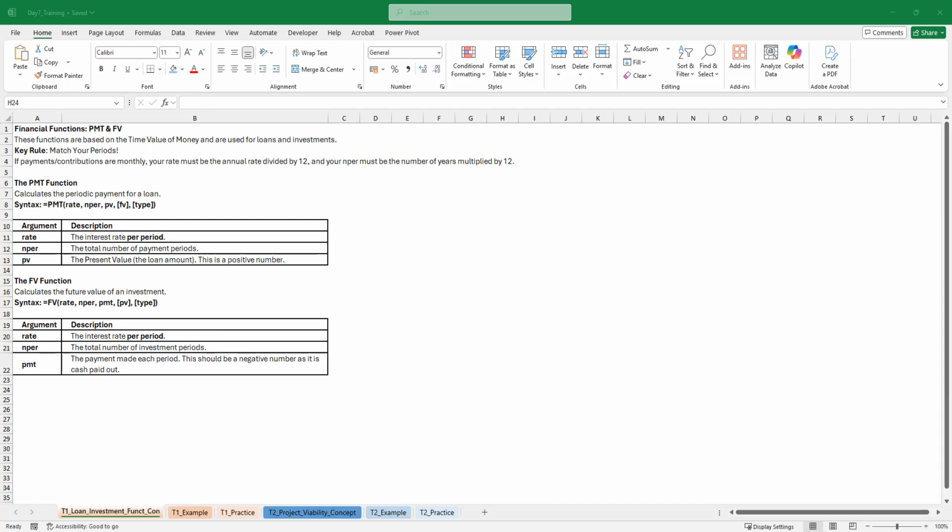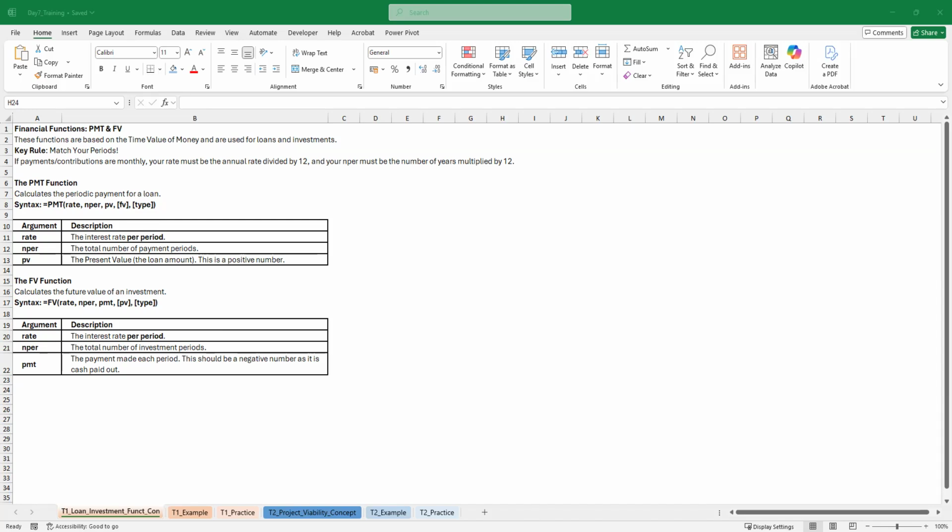And after the PMT function, next is FV, which is future value. By the name itself, we can say it calculates the future value. The syntax is very similar over here. If you can see rate, NPER, PMT.